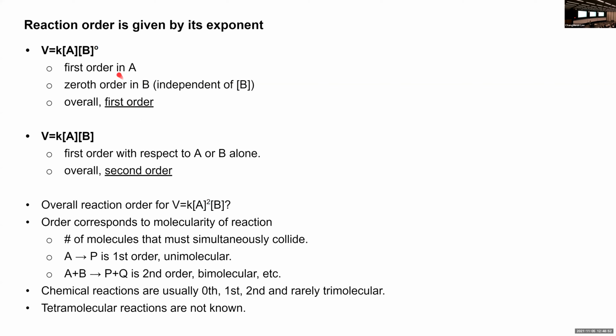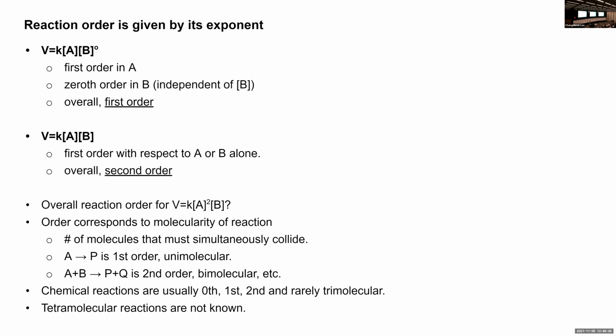And let's quickly talk about the reaction order, because that is directly related to the exponents that we talked about, which is a coefficient in the equation. So for the reaction rate, V equals K, and then the A concentration and the B concentration to the zeroth, meaning that this B substance does not change over time during the course of this reaction, right?